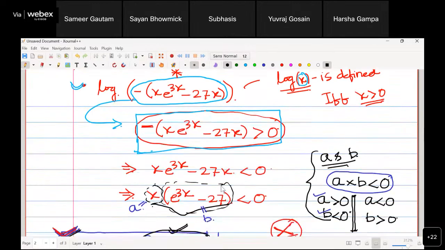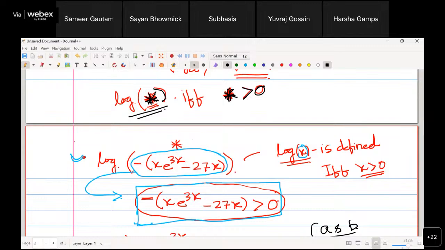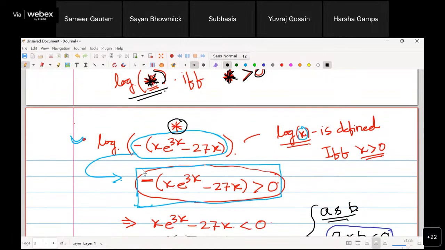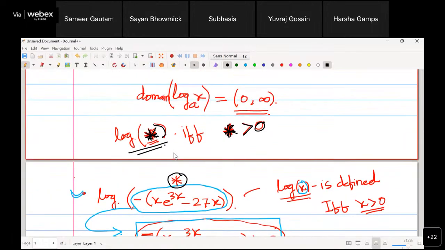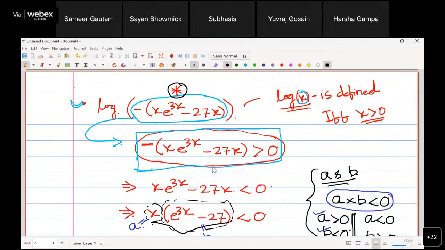To find the values for which this star is greater than 0, that may require some different method, but the first process is the same for all the questions.